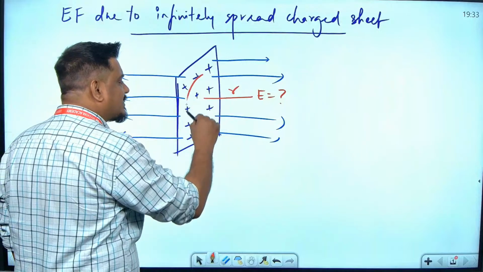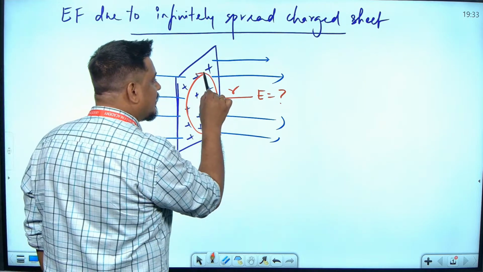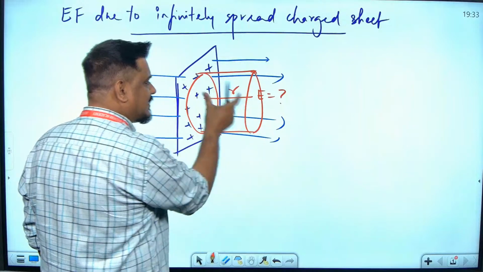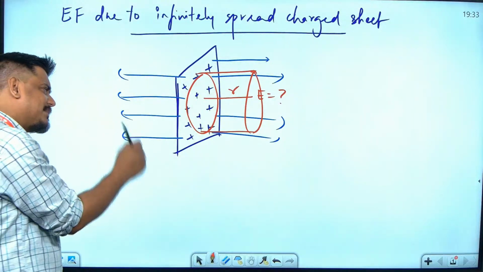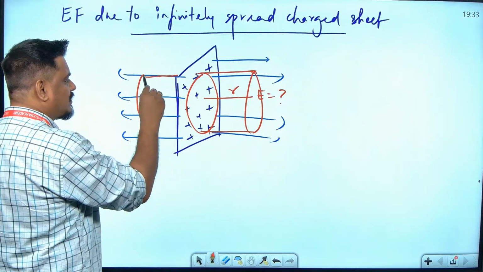I am going to take a cylinder having the length as this distance, and to make it symmetric, I will draw the same length in the opposite side also.